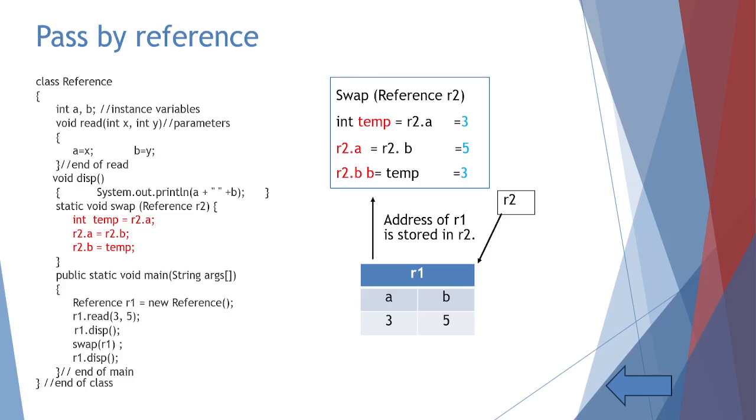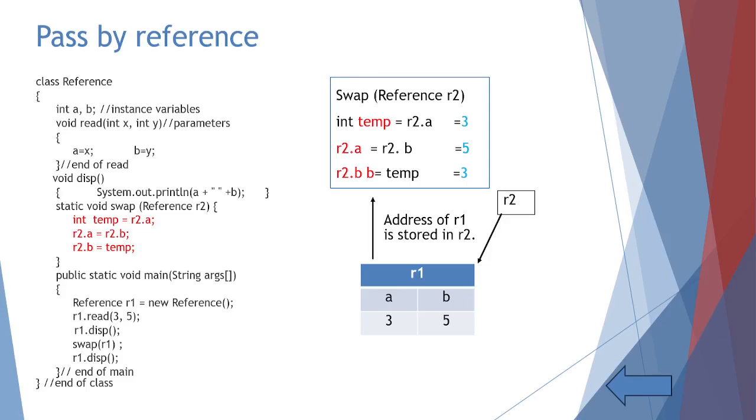Immediately Java sends the address. So this R1's address, whatever is there in the memory, will be stored at the method header, that is the formal parameter, reference R2 is receiving. R2 is a reference class object, and R1 is a reference class object.